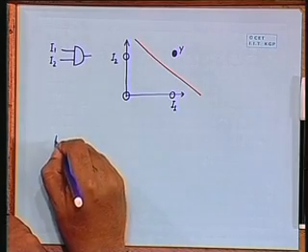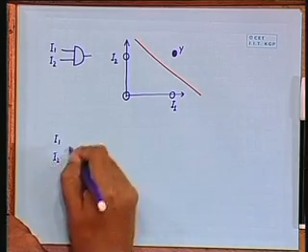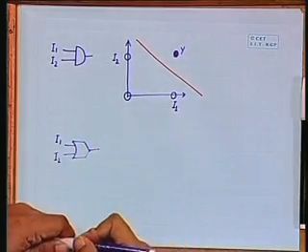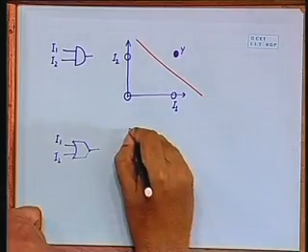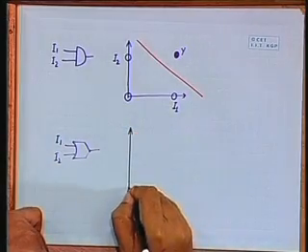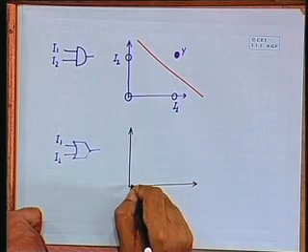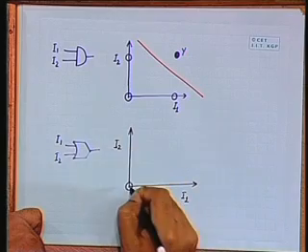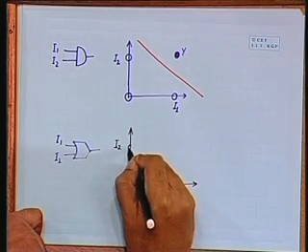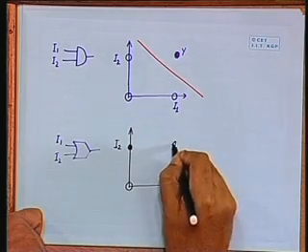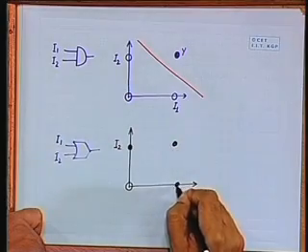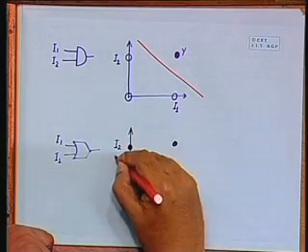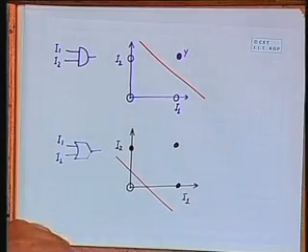If we have the OR function, I have I1, I2 here again, this will be 0 and these 3 will be 1. So, again this is linearly separable because we can have a plane like this.